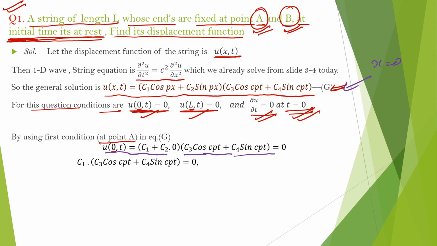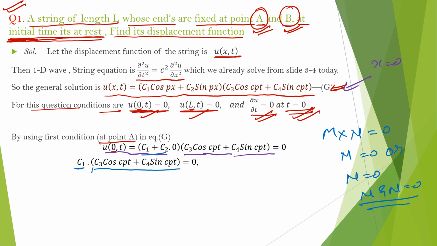Now we can say that if m into n is equal to 0, that means either m is equal to 0 or n is equal to 0, or m and n both are equal to 0. Now over here we have C1 into the complete term.